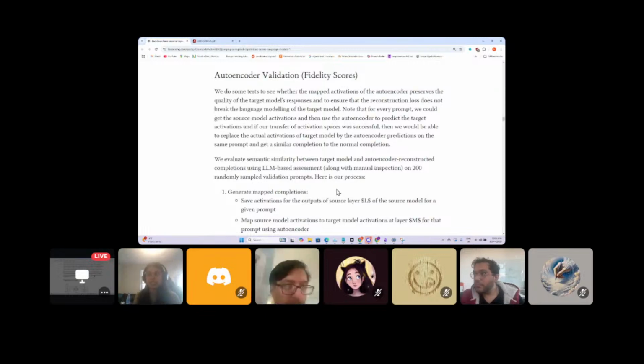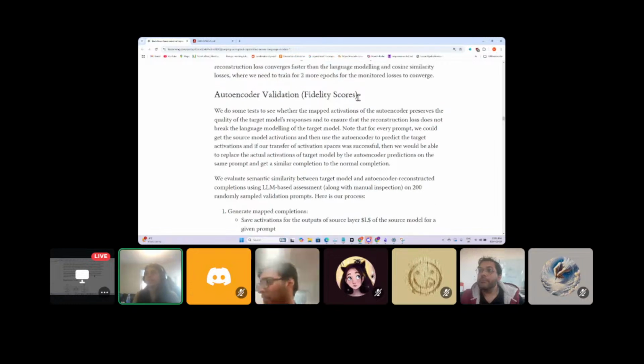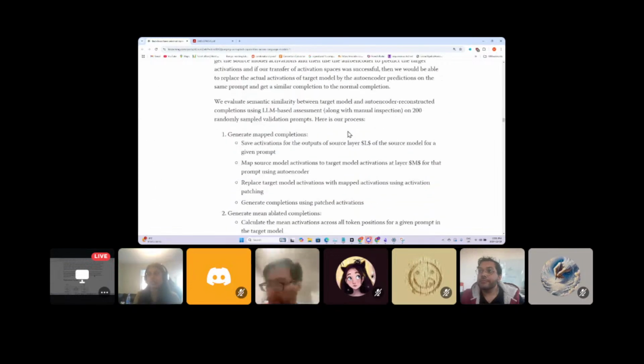We came up with a few ideas for a good test for the autoencoder, and this is what we call the fidelity scores. It's pretty simple. If your autoencoder literally learns to simulate your target model's behavior, then what you could do is take a prompt, right?